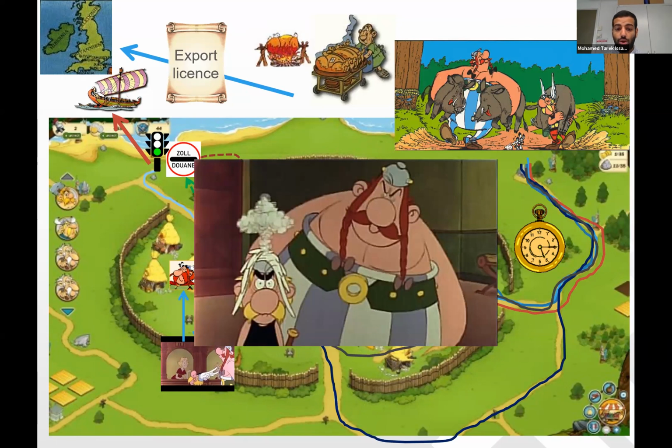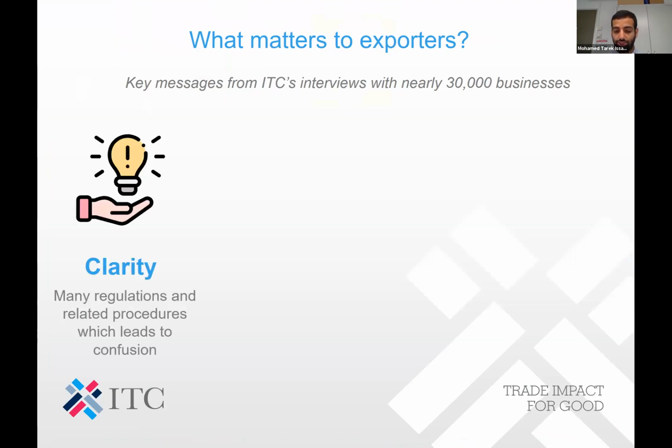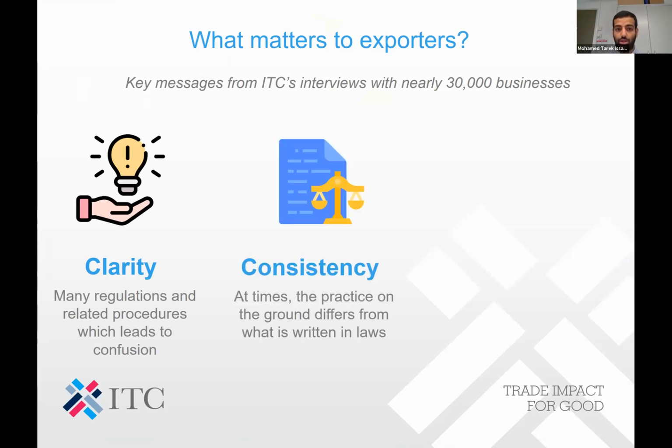We don't know when we can get this export license, which means that I can even lose my buyer before I get it. So the general message that we get from our exporters when we do the surveys is, first, they want clarity, because there are many regulations and this might lead to confusion, especially as we have many related procedures as well.